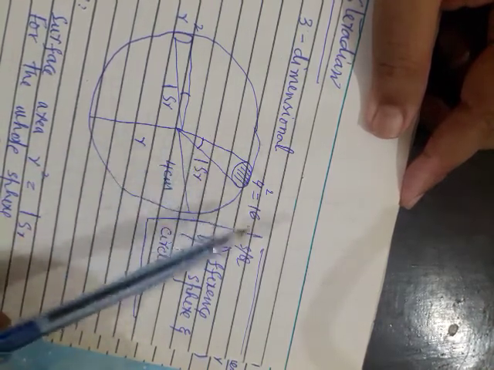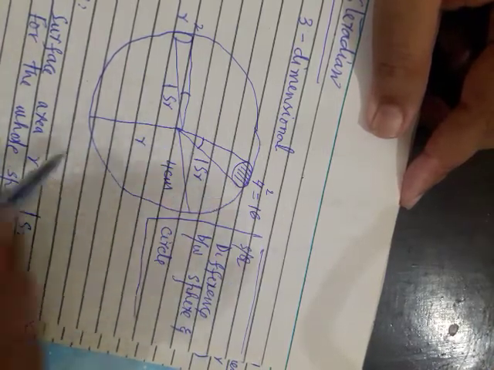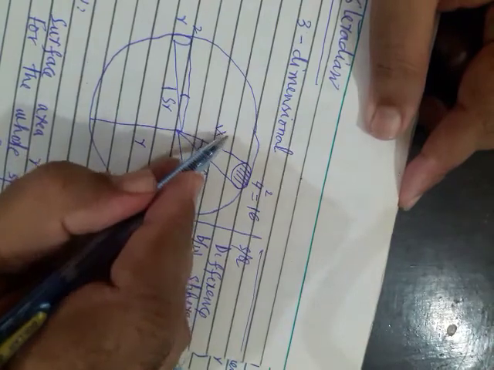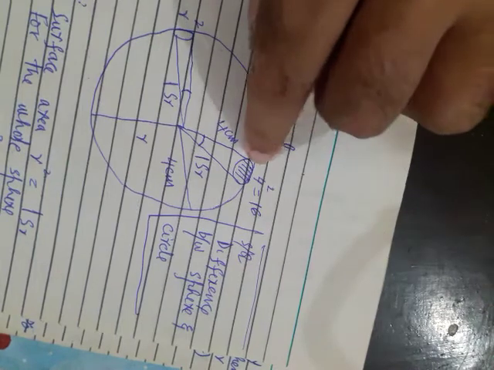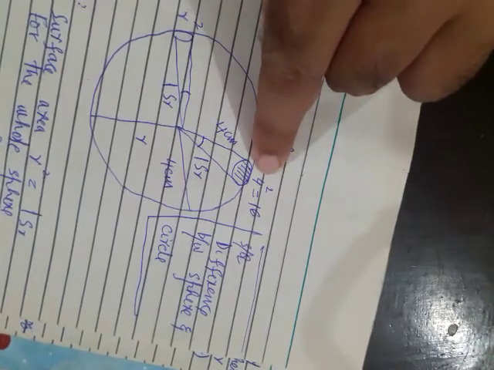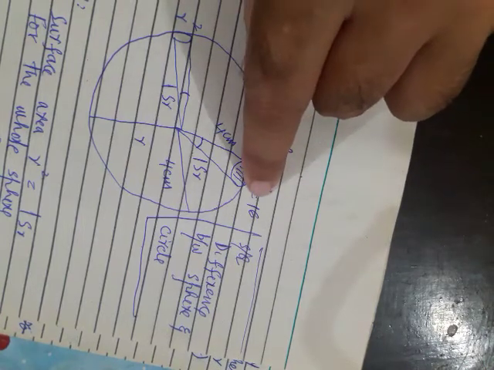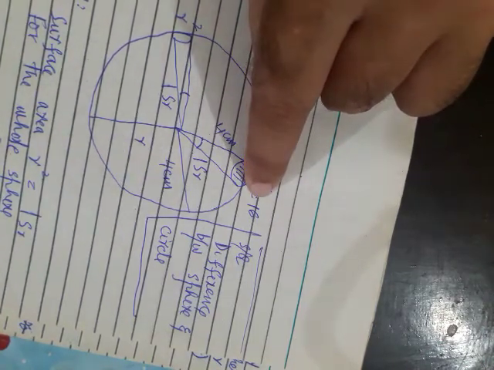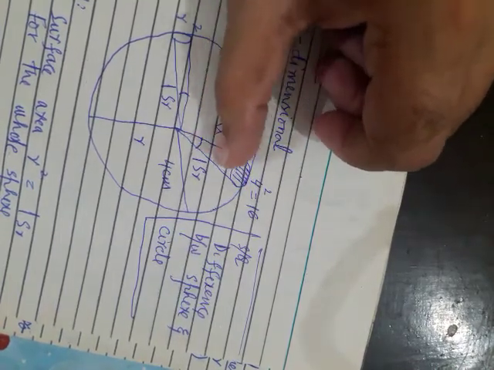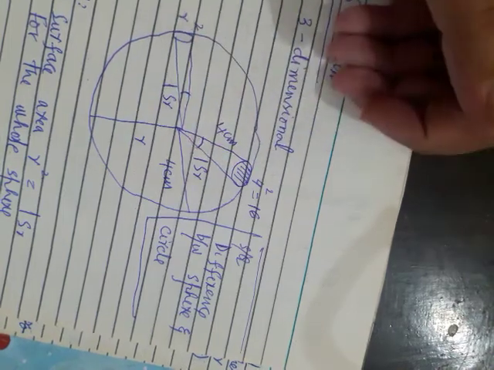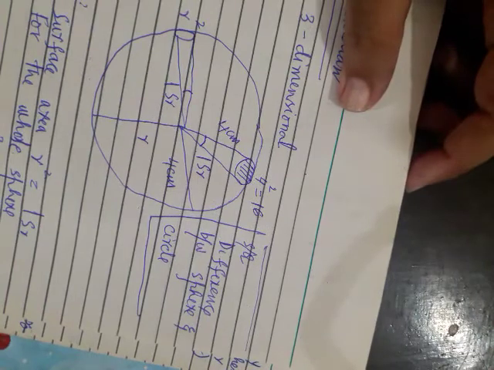To define steradian, we consider a cone, and the surface area of this cone is equal to the square of the radius, that is 4 square is equal to 16 centimeter square or 16 unit square. Now the angle made by this cone at the center of the sphere is equal to 1 steradian.